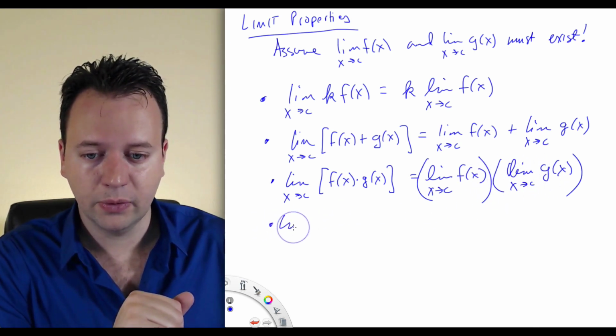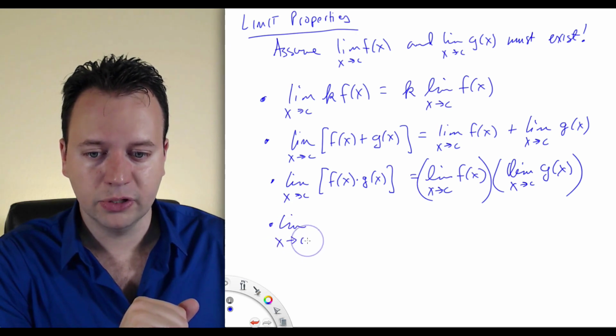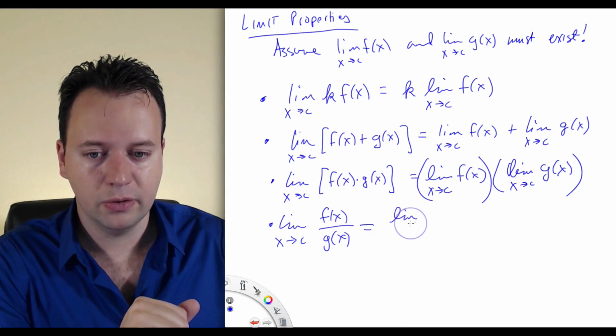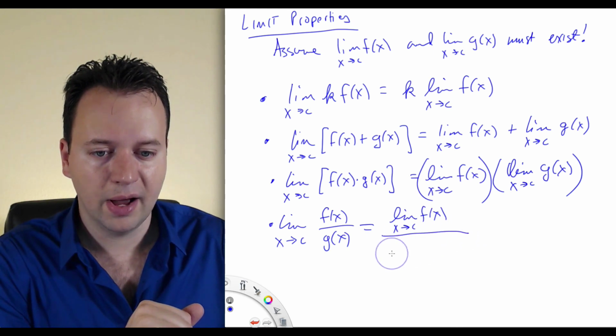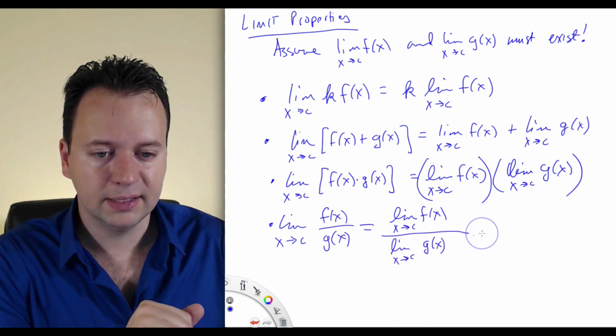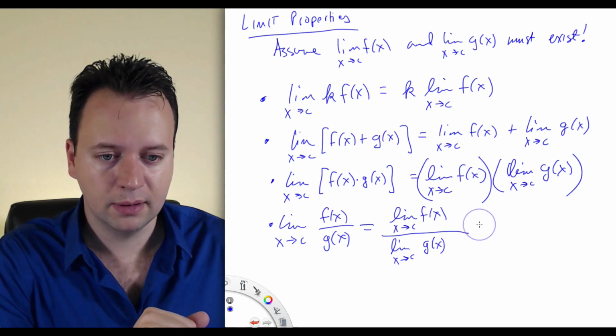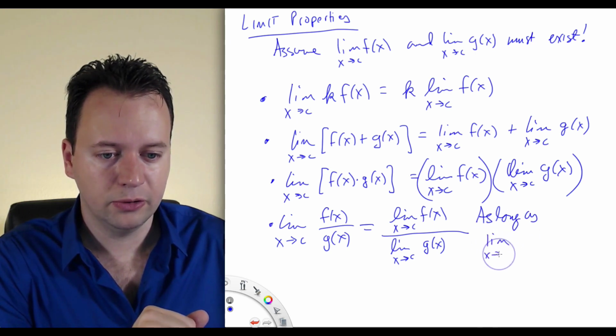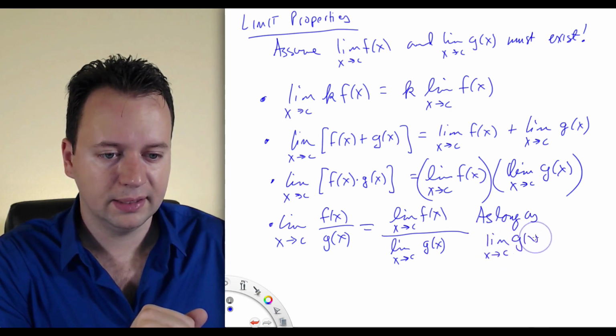And then our last one is the limit as x approaches c of f of x over g of x is equal to the ratio, the limit as x approaches c of f of x divided by the limit as x approaches c of g of x, as long as the limit as x approaches c of g of x is not equal to 0.